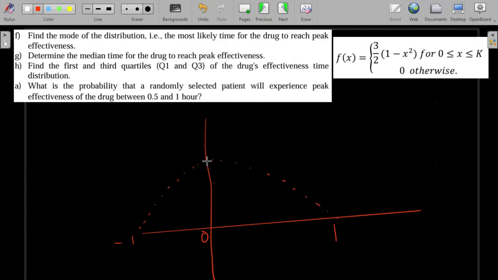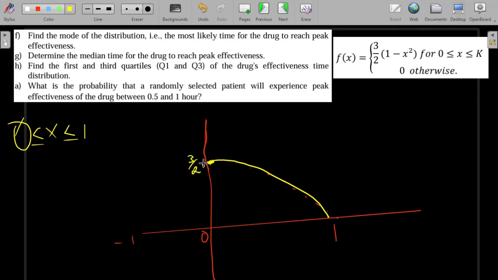This part here we can't draw, because the probability function says x is between 0 and 1, so we're just considering this part of the curve. What is the highest probability on this curve? The highest probability is at 3 over 2, which we said was our y-intercept, or the y-coordinate of the turning point.